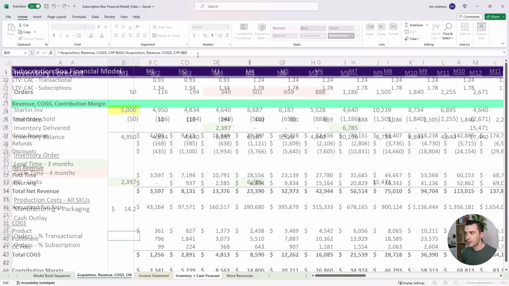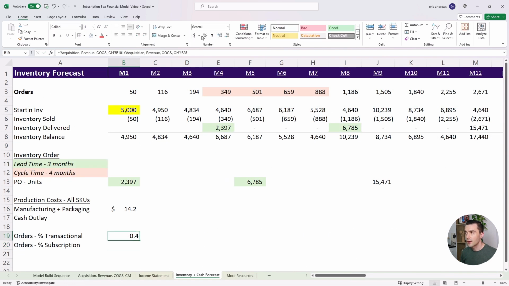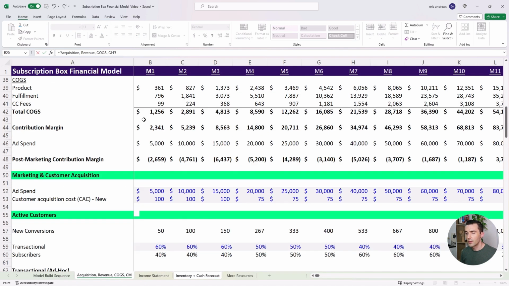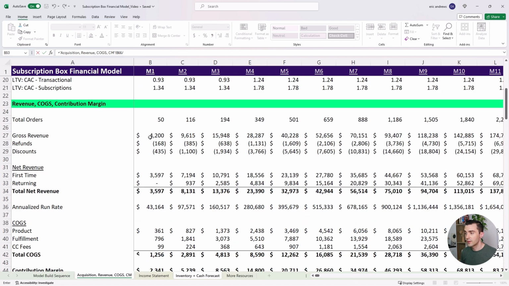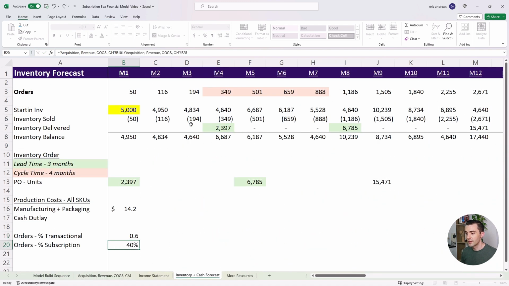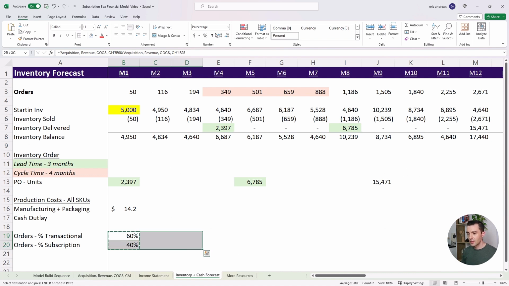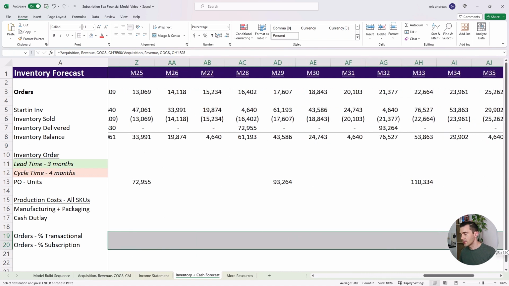Okay, so that was 40% subscription. And then, how many orders did I have that were transactional? That was 30 divided by how many total orders did I have? 50. So you'll see 40, 60. So this will allow us to basically do a weighted average here.